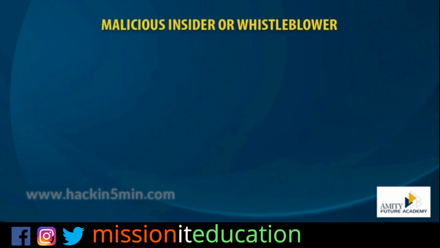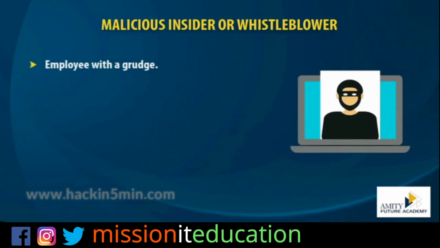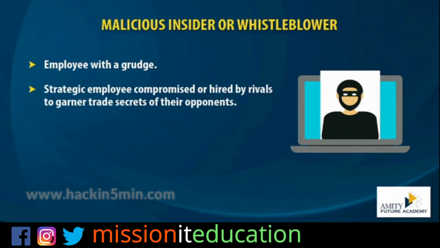Next is the malicious insider or whistleblower. A malicious insider or whistleblower may be an employee with a grudge or a strategic employee compromised or hired by rivals to garner trade secrets of their opponents to stay on top of their game. Understood, right? A rival company, maybe in business, hires an employee who has a grudge towards his own company, leaking information to its rival company for his own financial gain or for his grudge.